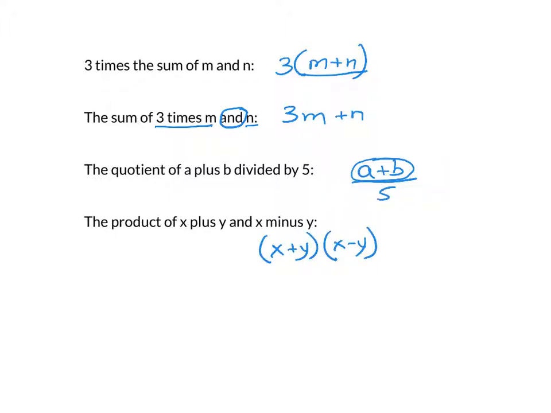It is multiplication. Once again, I could put a little dot there to indicate multiplication. I could put an x, although that would get confusing because I'm using an x for a variable as well. Generally, though, you would not see anything there. There's an understood multiplication sign in there.